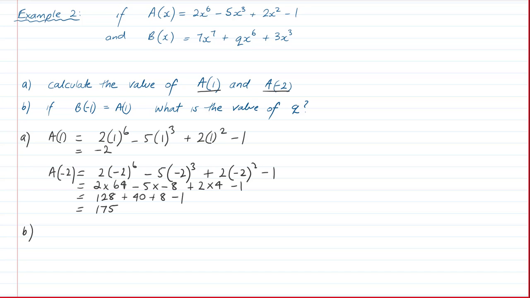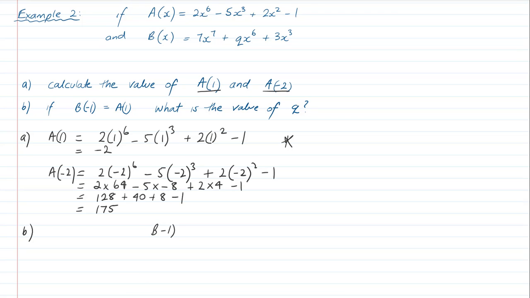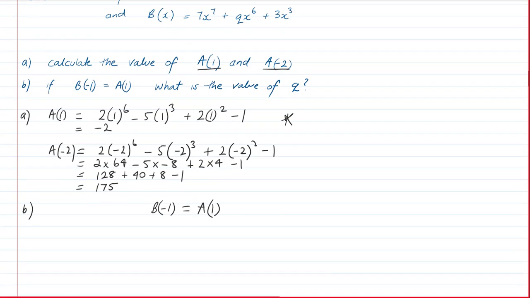And then part B, if b of negative 1 equals a of 1, what is the value of q? Now, of course, we've already evaluated a of 1. That's called evaluating a polynomial. But I'm going to do it again anyway, just to show you what this would look like in the long form. So I would write something over here like b of negative 1 equals a of 1. And then I'd put my evaluated polynomials there.